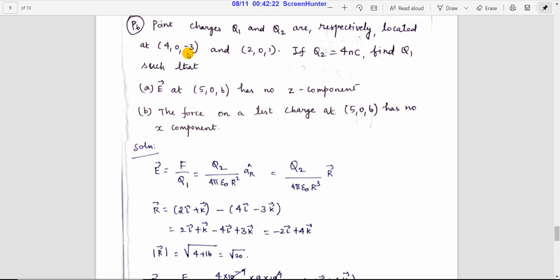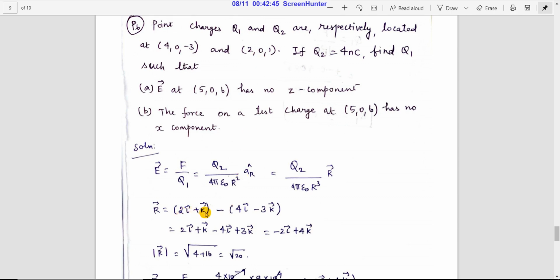You have to find out what is the force or the electric field on this 4, 0, minus 3 due to the charge which is placed on the 2, 0, 1. So that's why we are subtracting this particular vector from this vector.